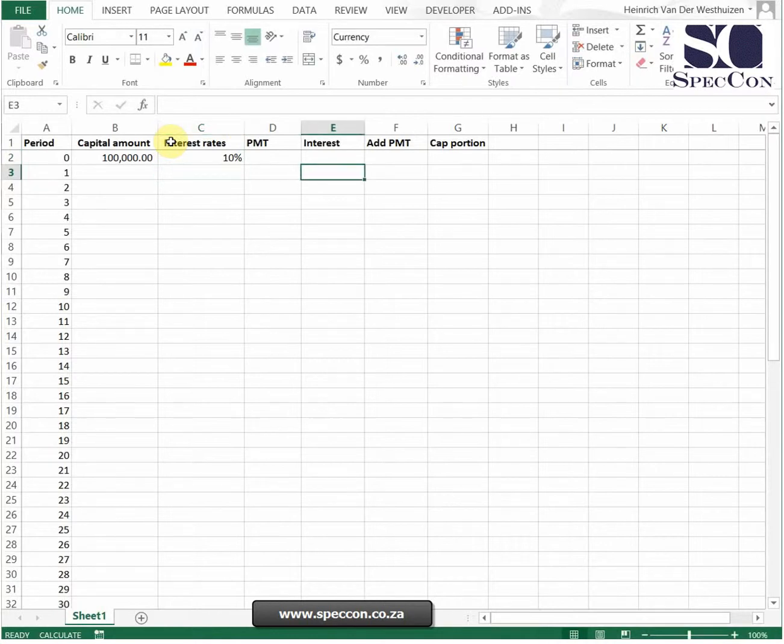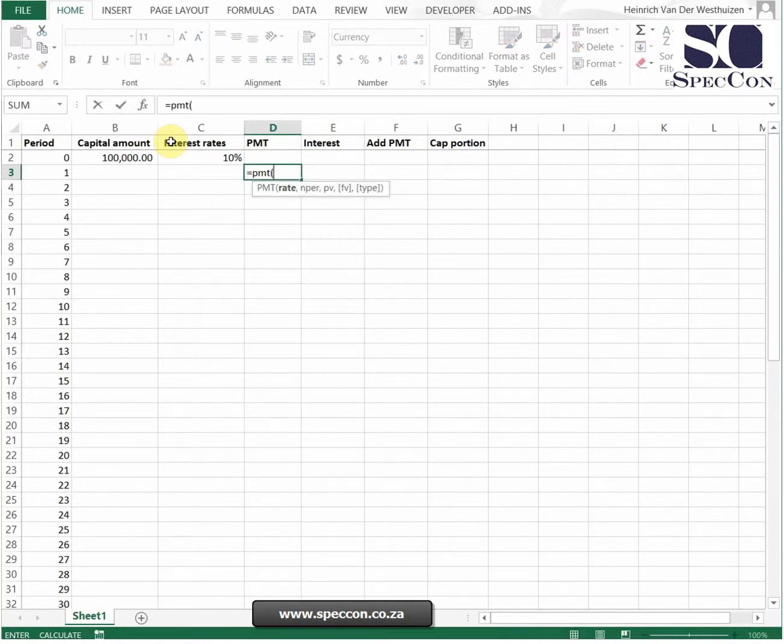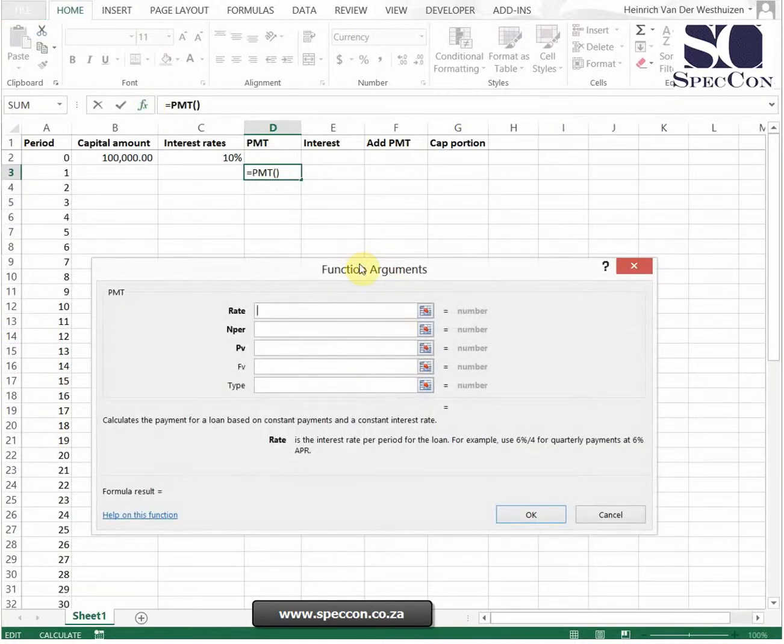Okay, now here's where the trick comes in. So remember, your first payment is always in period 1. So let's do that. First payment. So now the trick here is you have to use the closing balances of the previous period. What's the closing balance here? Our rate, the previous period's rate was 10% divided by 12.